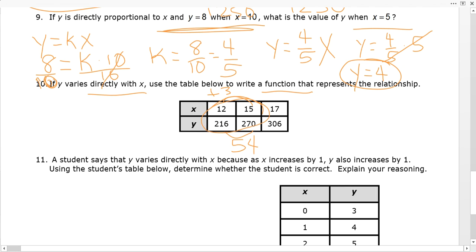Just pick 2 points. You only need to find the difference between 2 points. So I can go ahead and find my k, because it's going to be 54 over 3, because it's the slope. 3 goes into 54, 18 times. So k is 18. So y equals 18x.